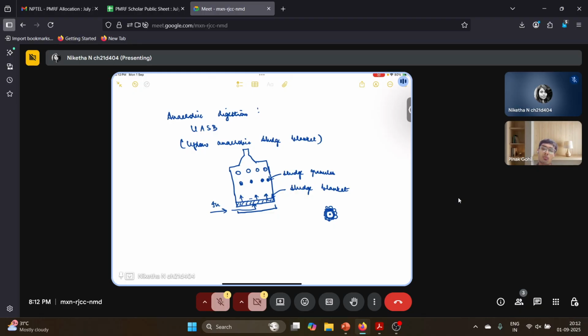They are highly dense, and once they form, they will attract anaerobic bacteria on their surface, and the degradation will happen on the surface of these sludge granules also. But inside it will be filled with dead bacterial cells and maybe grit particles or sand particles.